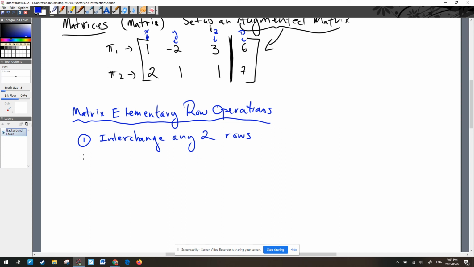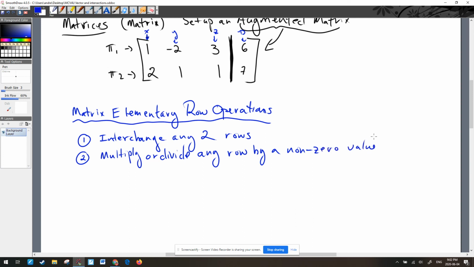The second thing that we can do is multiply or divide any row by a non-zero value.